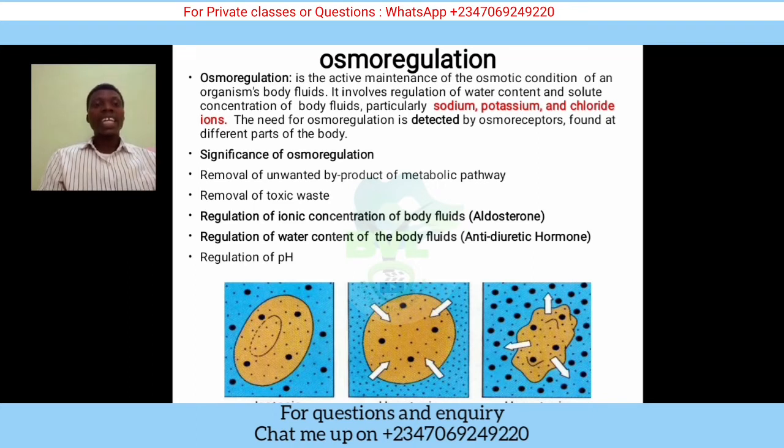This ADH helps to regulate the amount of water excreted. The more the ADH, the lesser the urine you will form, because it helps you reabsorb water, and it's doing that with the aim of making sure that you don't have too concentrated a solution in our body fluid. All right.